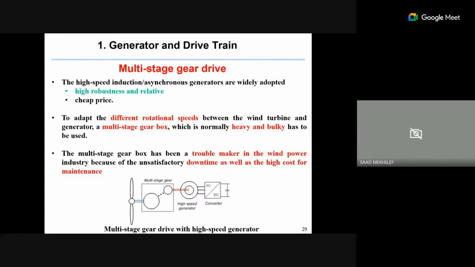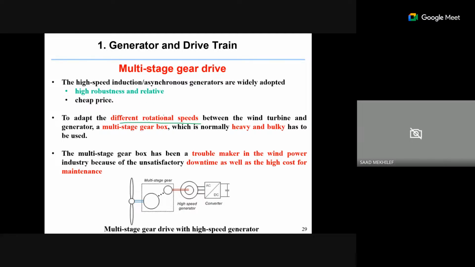The future will move further to multi-stage gears rather than single stage. They have very high robustness, and are also cheaper in price, and they adapt to different rotational speeds, because the wind speed operates at different rotational speeds, and that will help.